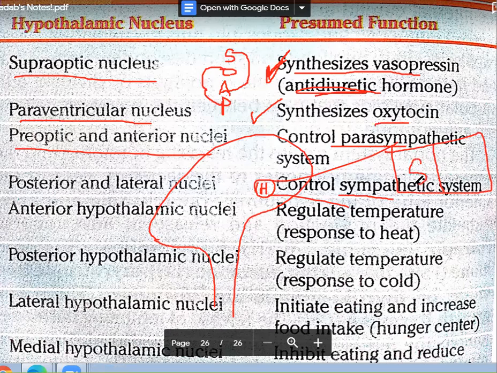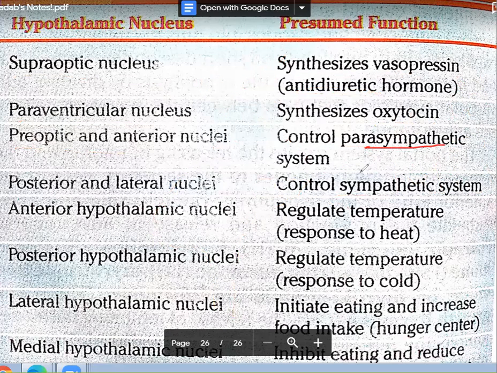The posterolateral one is responsible for the sympathetic, and the antero, or we can say ventromedial, is responsible for the parasympathetic. So these are also in the hypothalamus. We have control of the parasympathetic system in the anterior nuclei, and the sympathetic in the posterolateral.